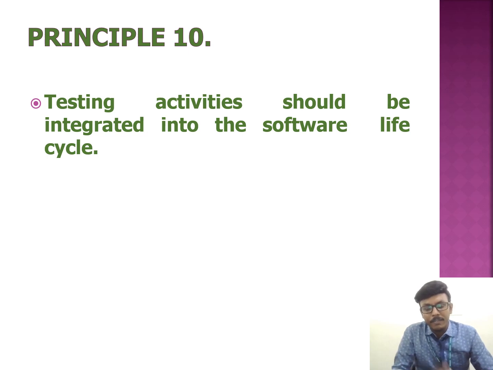We have various software lifecycle phases like requirement analysis, design, coding, integration, deployment, etc. In each and every phase, we can do the testing. In requirement analysis itself, we can check whether all the customer requirements are incorporated in the objectives. If anything is missing, we can notify it at an early stage, so that during development there are no hurdles.